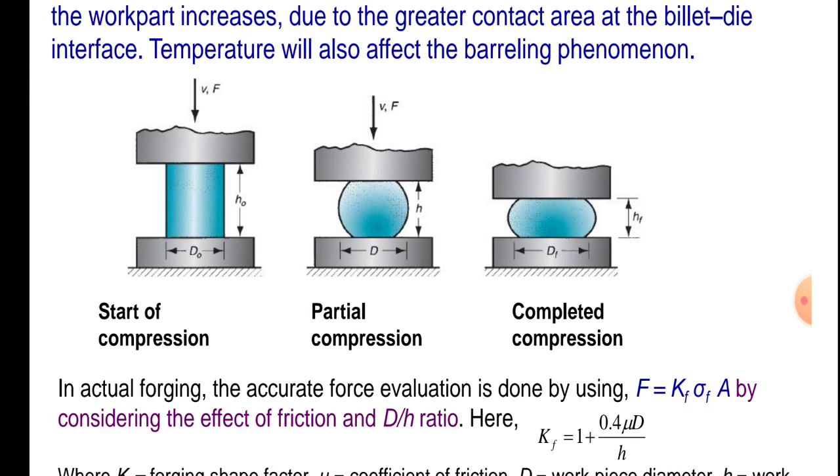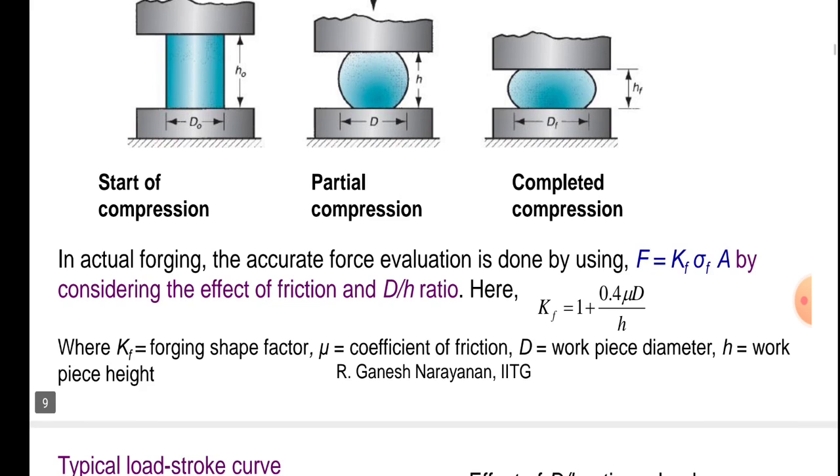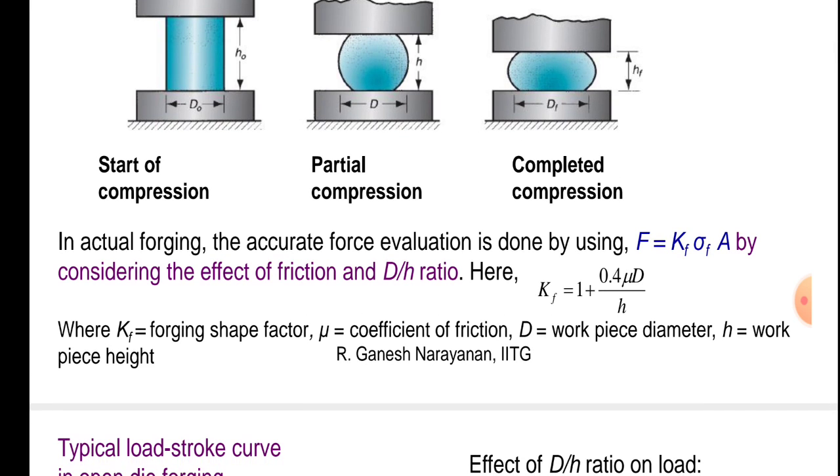In actual forging, the accurate force is evaluated by using F is equal to Kf sigma f A, capital A, by considering the effect of friction and diameter to height ratio.